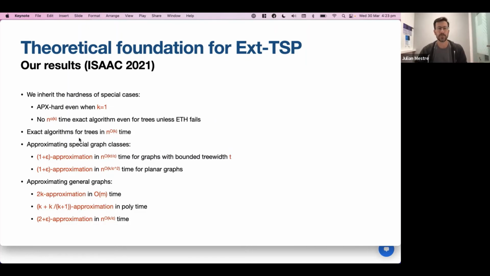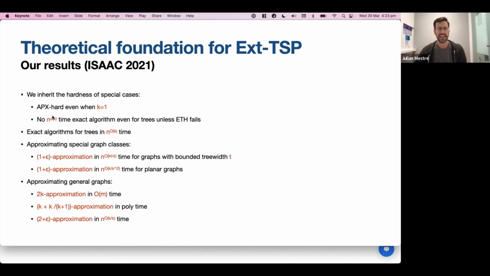So what are our contributions? We show that Ext-TSP can be solved on trees in n to the O of k. That sounds terrible, right? Usually an optimization problem on trees is easy; you can solve it in polynomial time using dynamic programming or something.